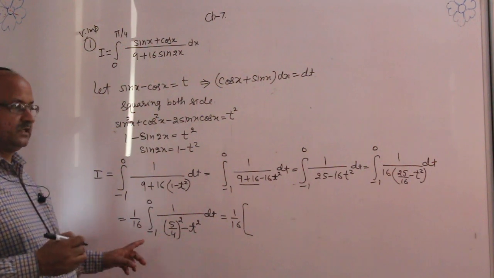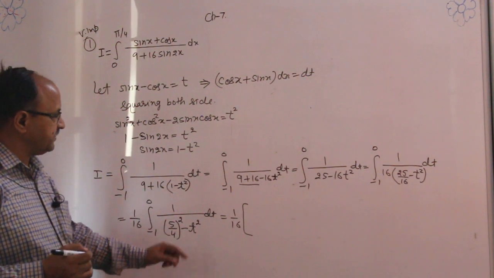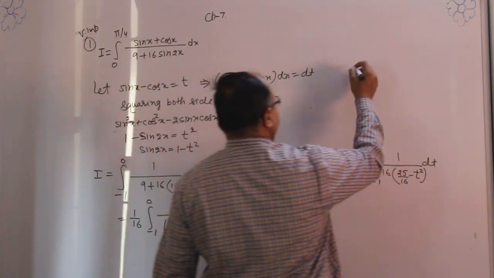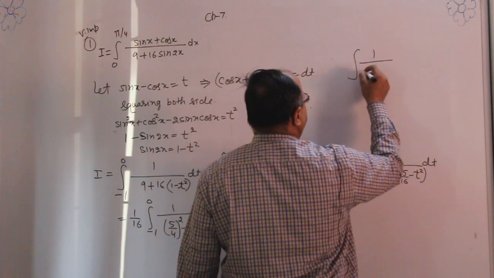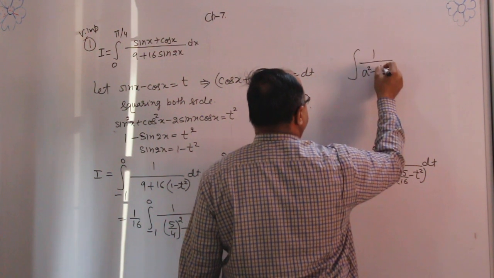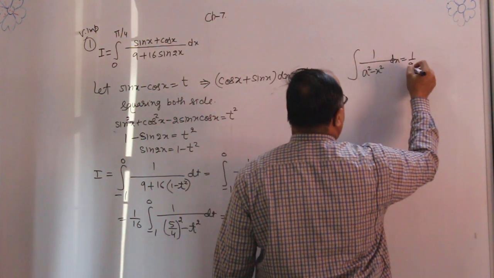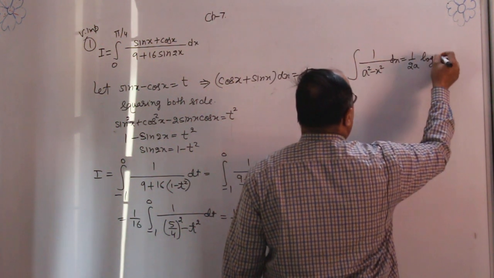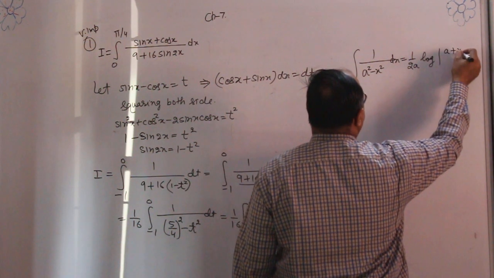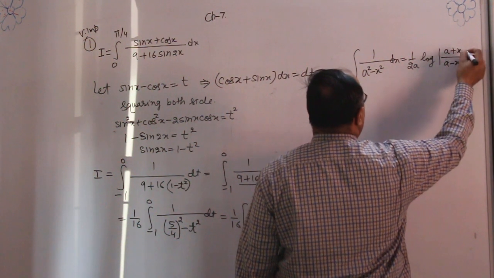And this is the property, 1 by a square minus t square. You know very well, integration of 1 by a square minus x square, very important property, is 1 by 2a log of (a plus x) upon (a minus x) plus c.